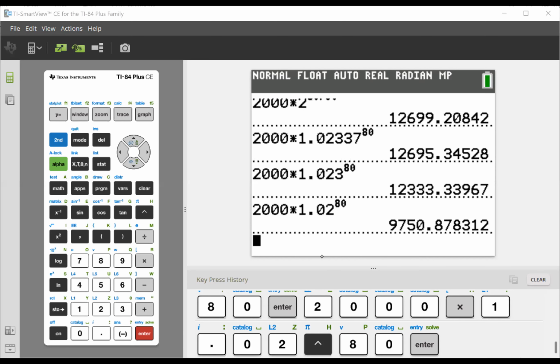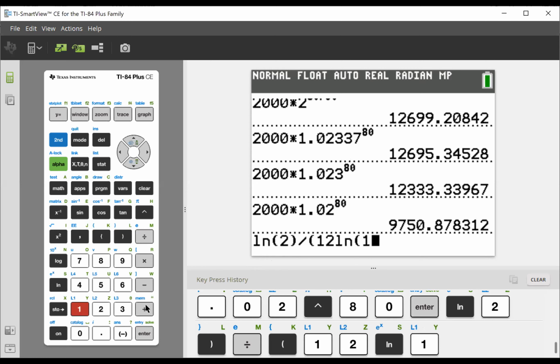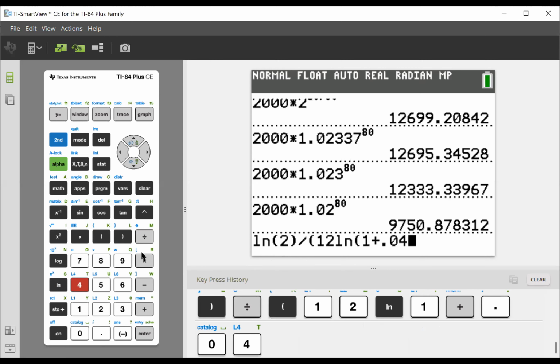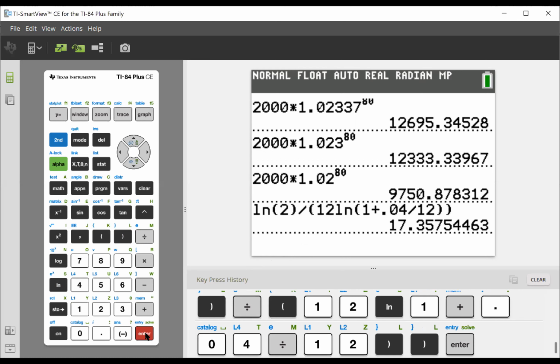We have natural log 2, close it, divide by, and remember we need to put a parenthesis, 12 times natural log of (1 plus 0.04 divided by 12). We close this, close it again, and then you will see that the answer is 17.36. We just wanted two decimal places.